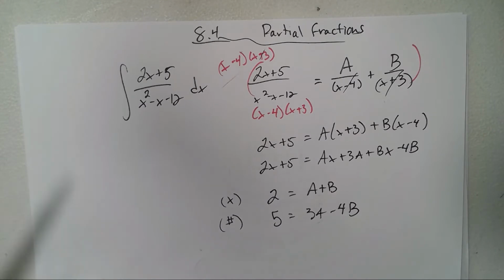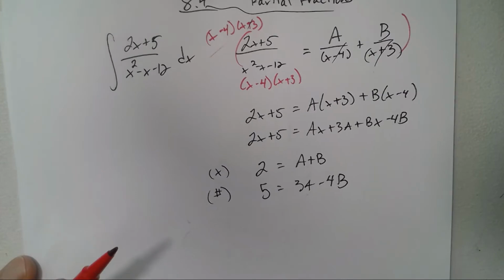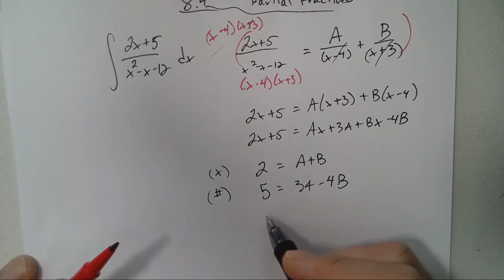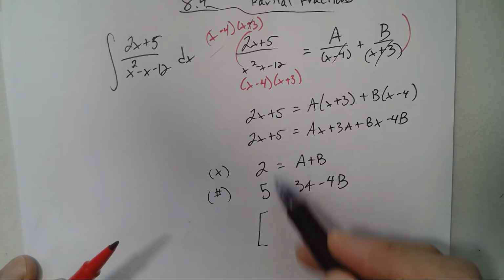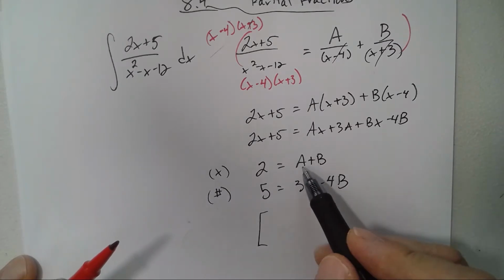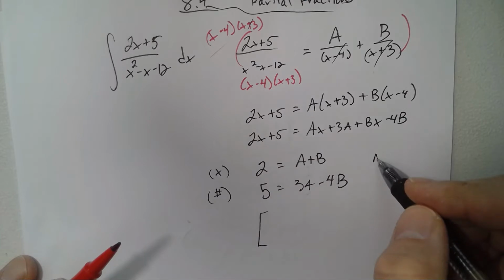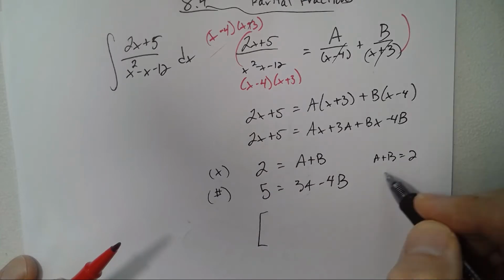We could use a matrix if we were lazy and wanted to use our calculators. I'm going to just remind you how to do that, because they aren't all going to be 2 by 3. So I'd first write it as A plus B equals 2, 3A minus 4B equals 5. Think of it that way.